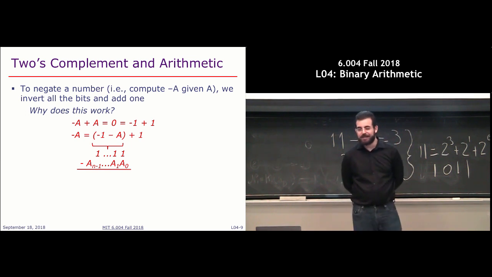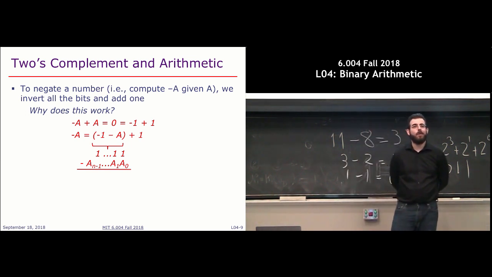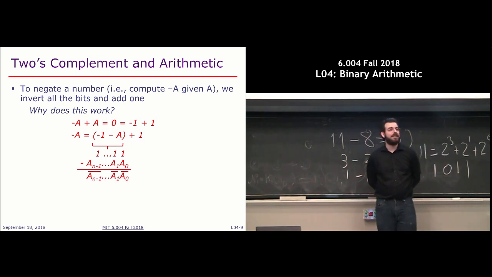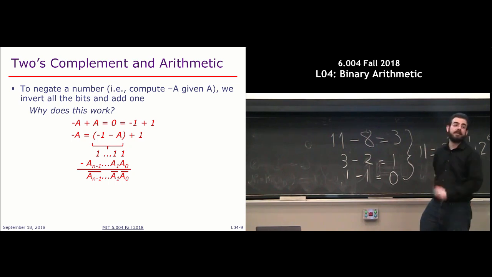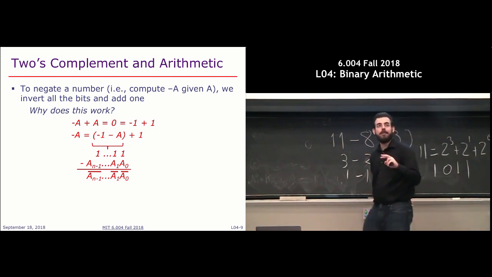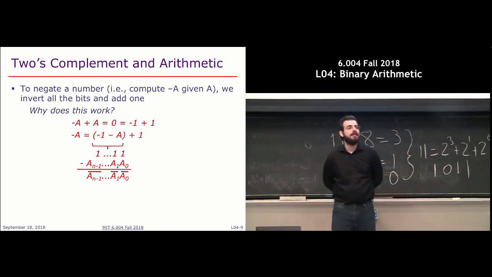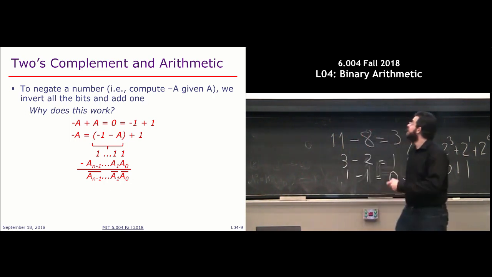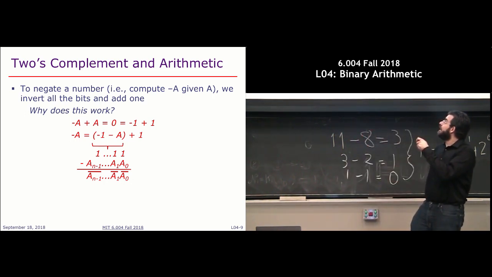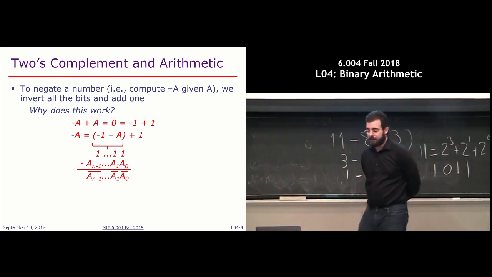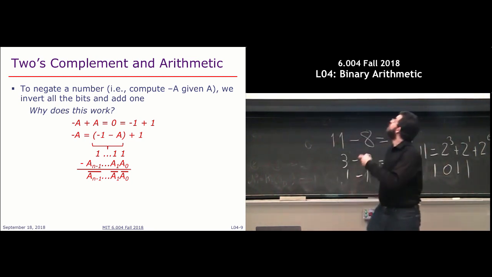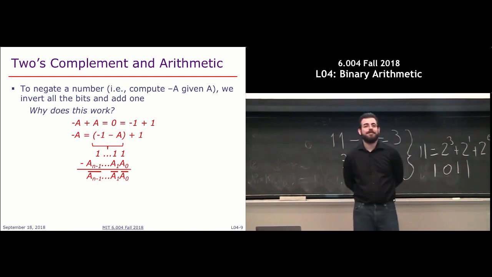If a0 is 0, you get 1. So you get not a0. And there's never any borrow going on here, because you're either doing 1 minus 0 or 1 minus 1. So subtracting a from minus 1 is equivalent to negating all the bits. And then you add 1, and you get minus a.